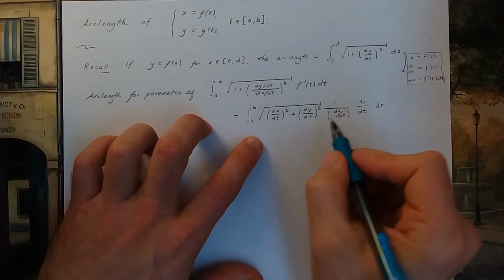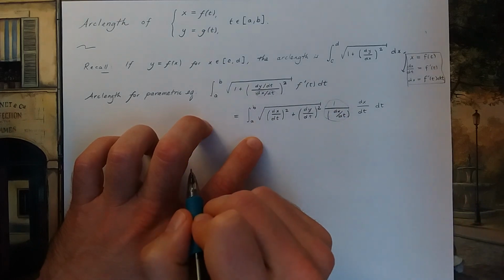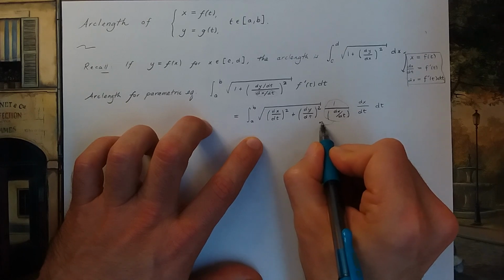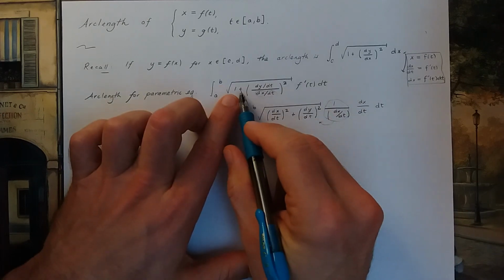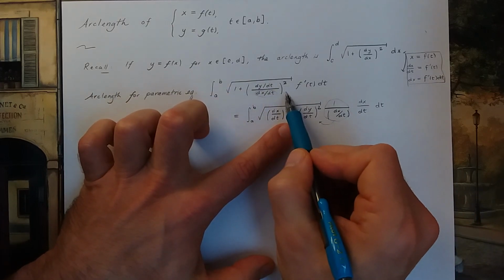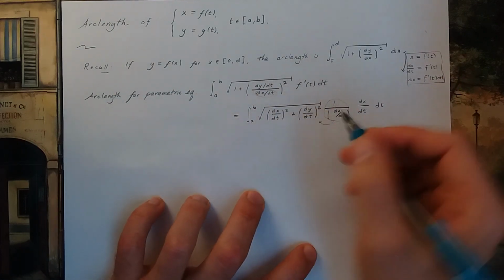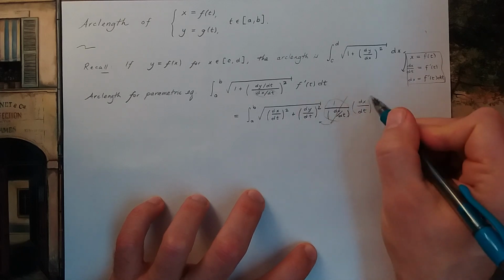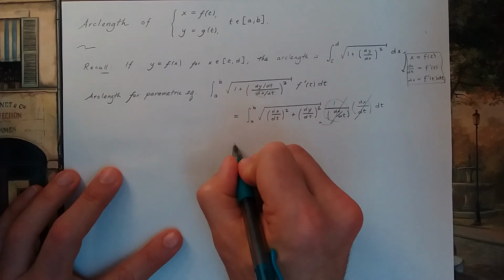So what did I just do? This term here, I factored out of the square root. You could see that if you put this back into the square root, you'd have to square it, of course. These first terms would cancel and give you 1, and then the second terms would combine and give you this. So I haven't really changed anything. I just rewrote the problem. And now maybe you can notice that these terms cancel, and I'm left with the arc length formula for a parametric equation.